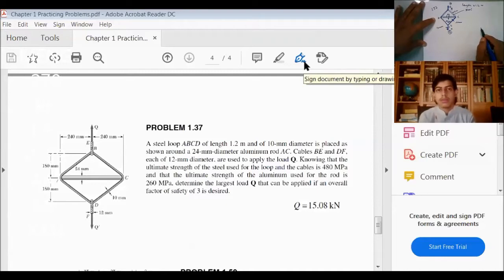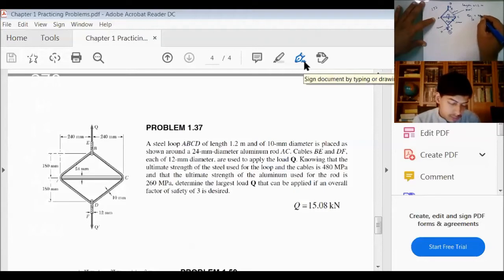Okay, knowing that the ultimate strength of the steel, so the sigma allowable for steel, used for the loop and the cables. So again, these cables are steel also.